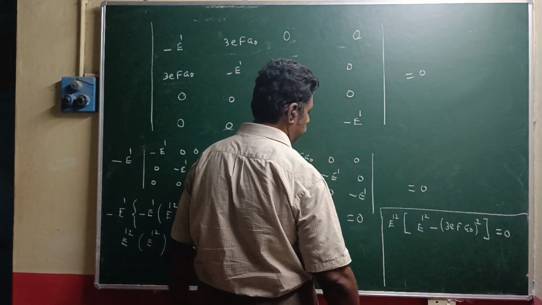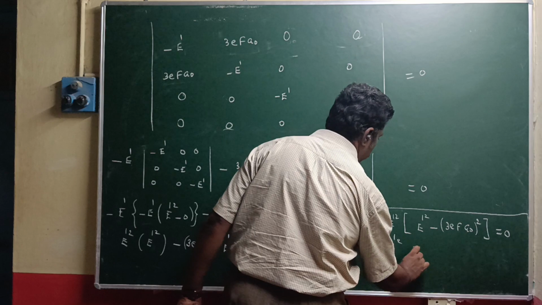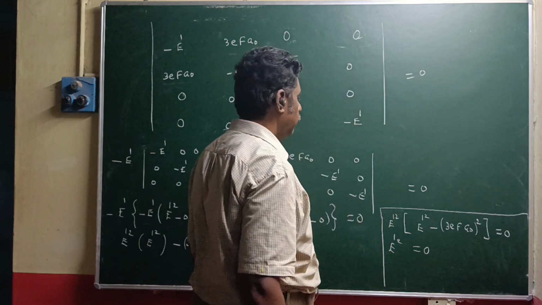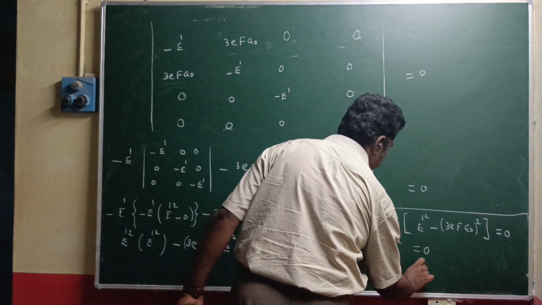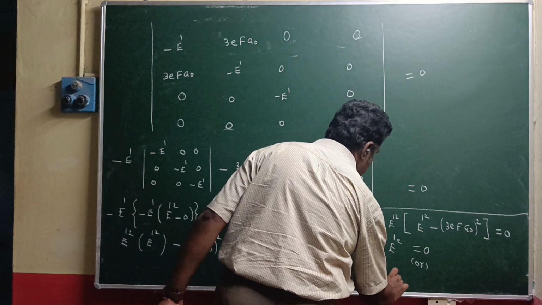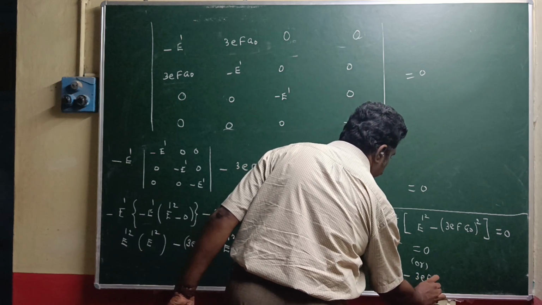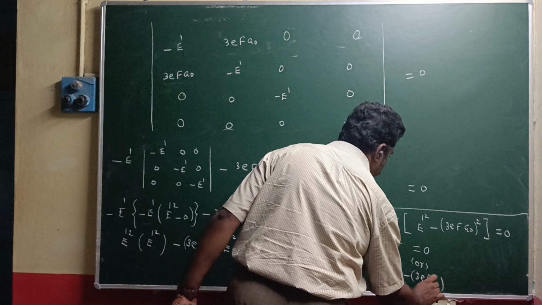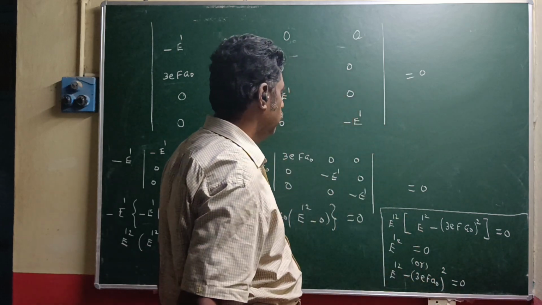From this relation, E1 square is equal to 0, or the term inside the square bracket, E1 square minus 3eF a0 whole square, should equal 0.